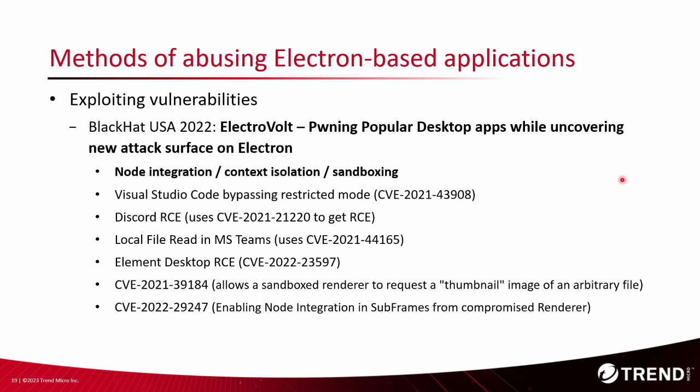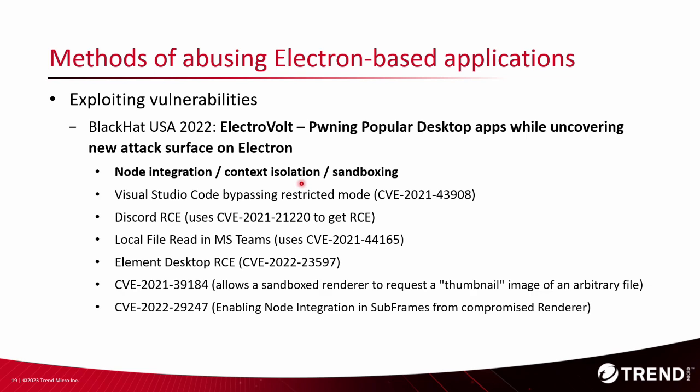In this presentation, they talk basically about three security features which can be enabled, which is good, or disabled, which is bad for security. And these are here: node integration, which is the ability of the process to access the full Node.js capabilities, which can be either enabled or disabled. And this access from the renderer process should have a limited scope of abilities.